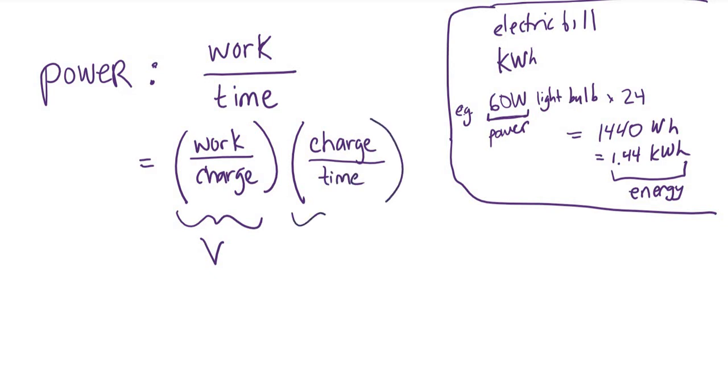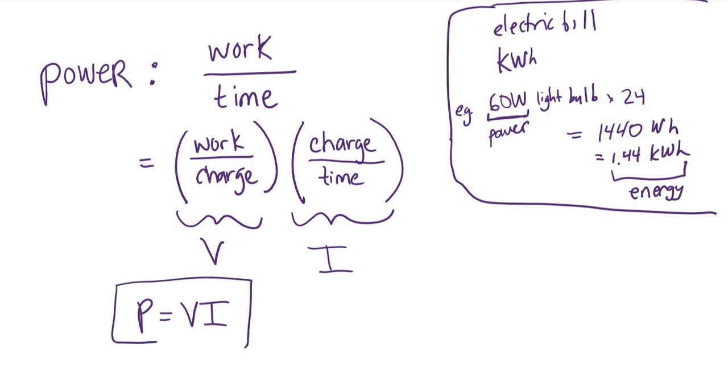Perhaps that's long gone from your brains by now because it's been 2 days, but that was our definition of current on Monday. So the convenient relationship is that power is equal to voltage times current. This will end up becoming pretty important in our network analysis and our analysis of these different circuits.